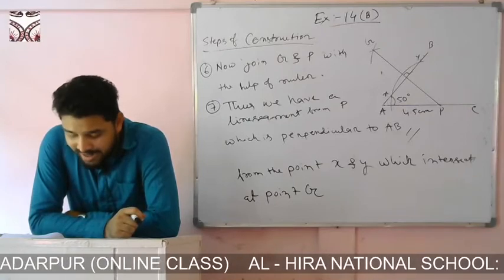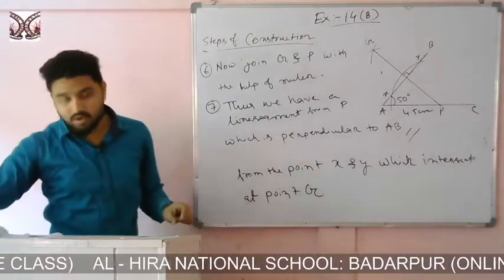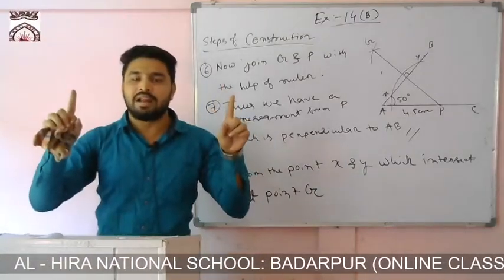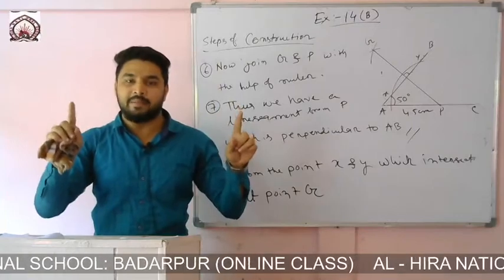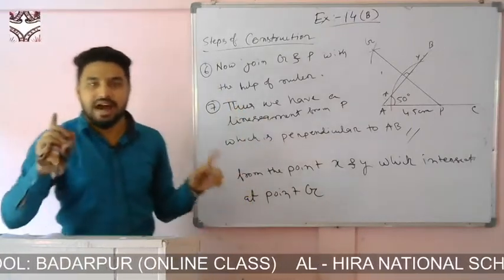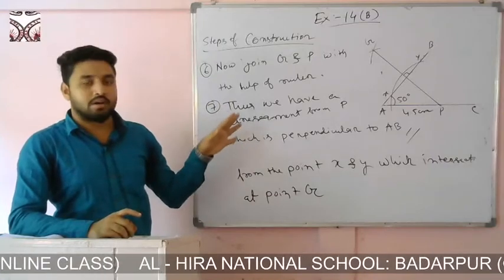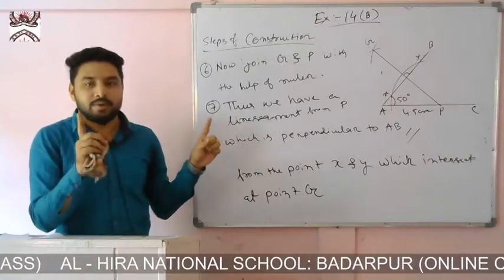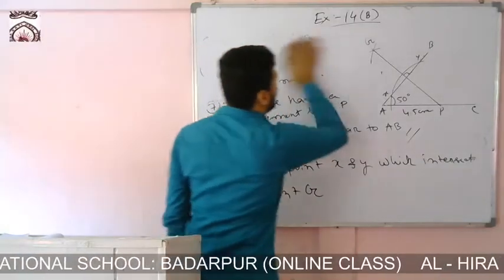Are these two lines parallel? That means we have to draw two perpendicular lines at the ends A and B of the line segment. Then after that we have to measure whether these two are parallel or not.